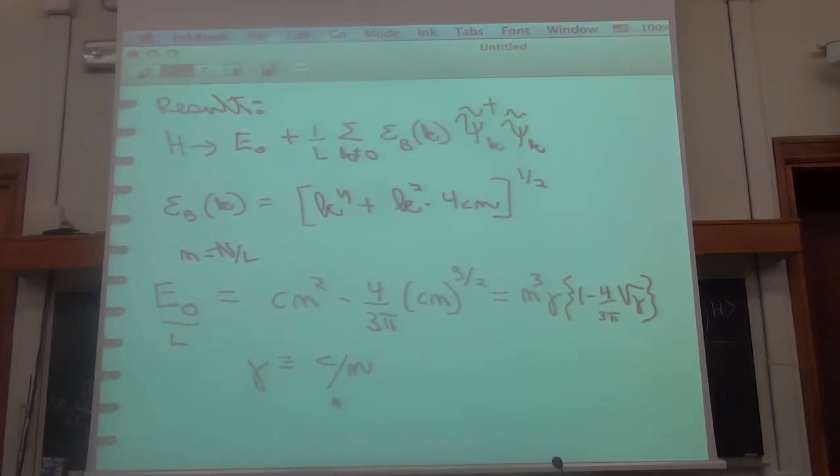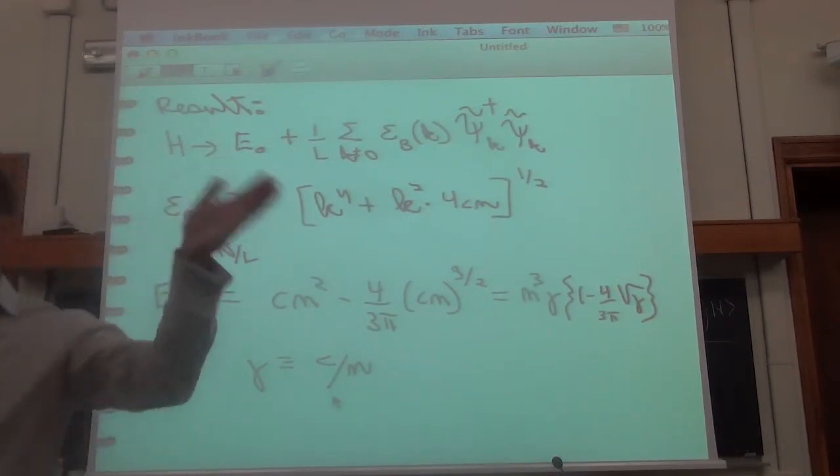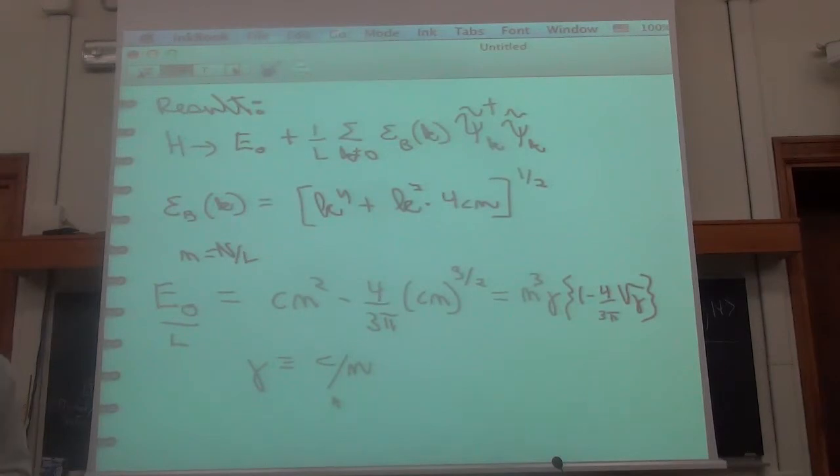You can use a theorem which is called the Hellmann-Feynman theorem. You take the ground state energy and you differentiate it with respect to the interaction parameter. What this has to be equal to is the expectation value in the ground state of the operator in the Hamiltonian that's coupled to the interaction.